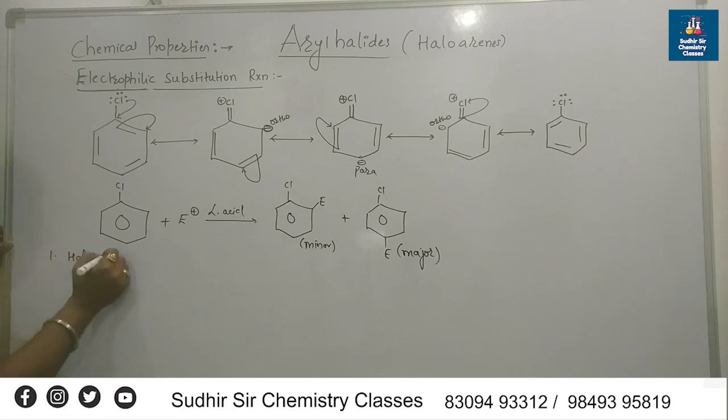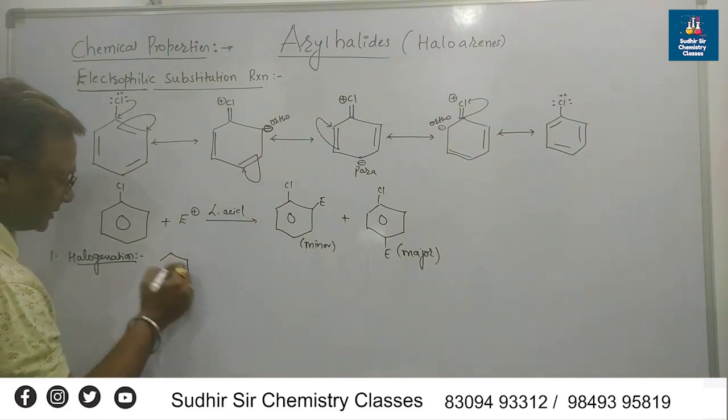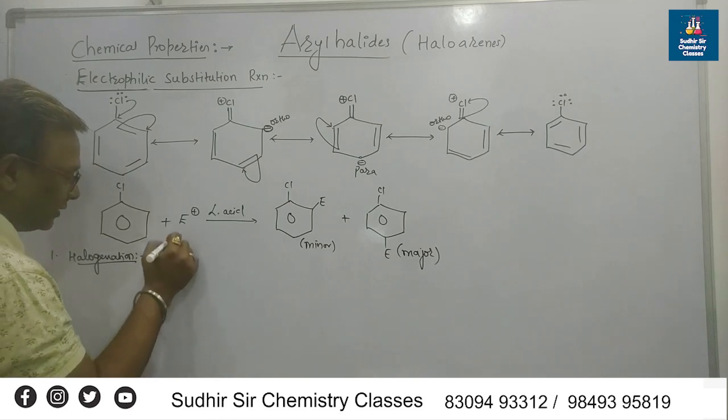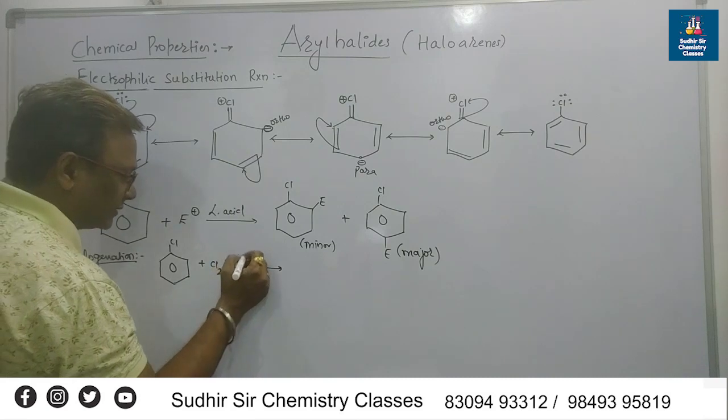So based on that, the first reaction we are going to discuss is halogenation, addition of halogen in presence of a Lewis acid. What is halogenation here? Addition of chlorine over the aryl halide. I'll explain, see here. Suppose this is chlorobenzene. I want to add a halogen like chlorine, but in presence of a Lewis acid.